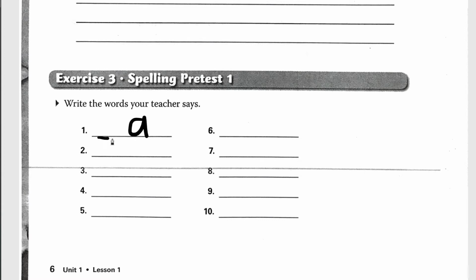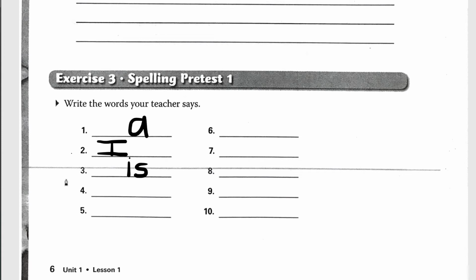Number 2, I am at bat. I. You should have thought of the letter I. Good job, guys. Okay, number 3. This is my lunch. Is. How do you spell is? I-S.